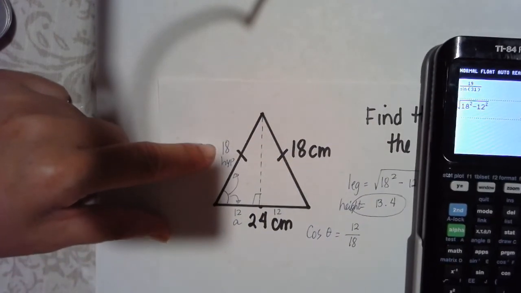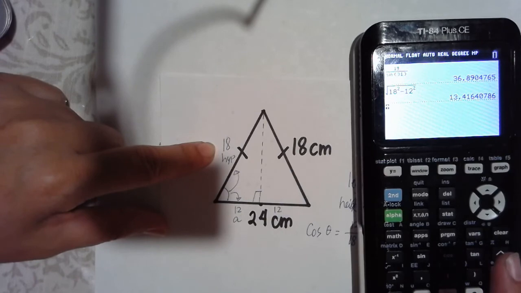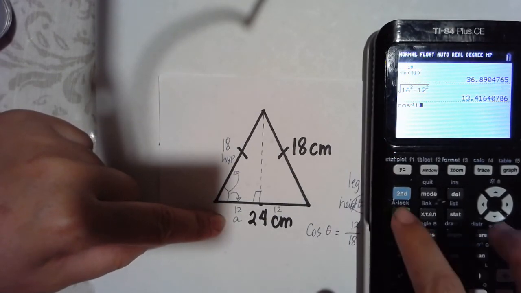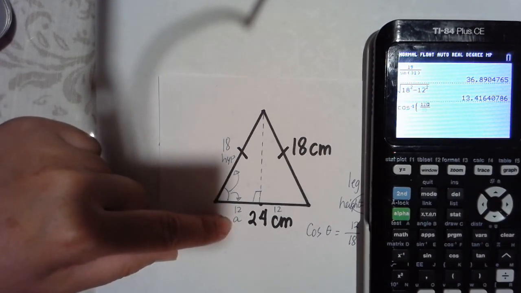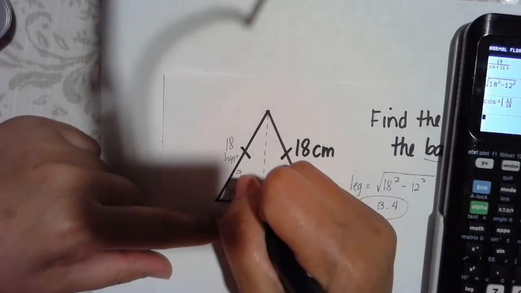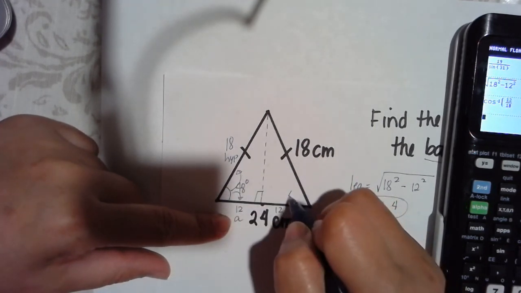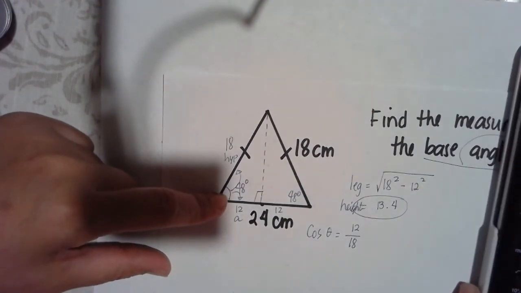Again, if you are solving for an angle, you need to press second first. Second, and then cosine, and then alpha y equal. So 12 divided by 18 equals 48 degrees. So this angle is 48 degrees. The other one will also be 48. So those are the base angles.